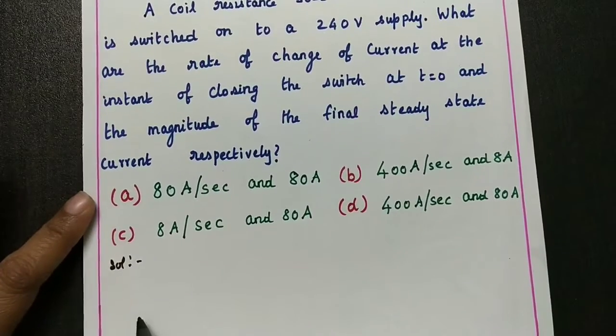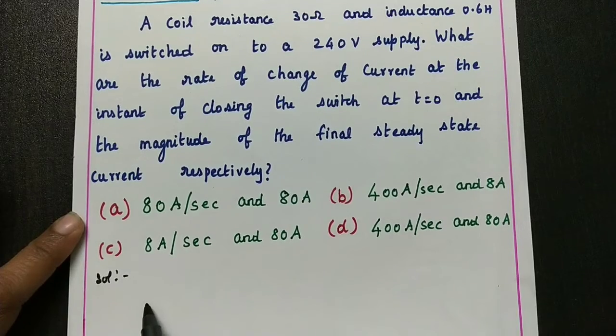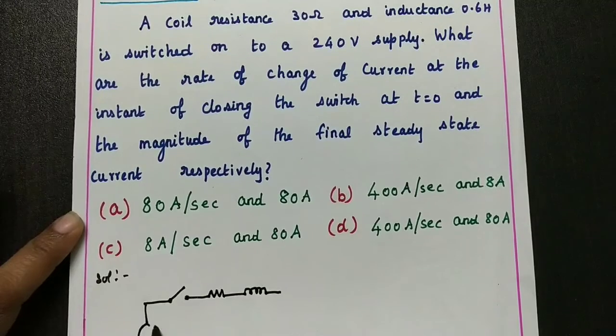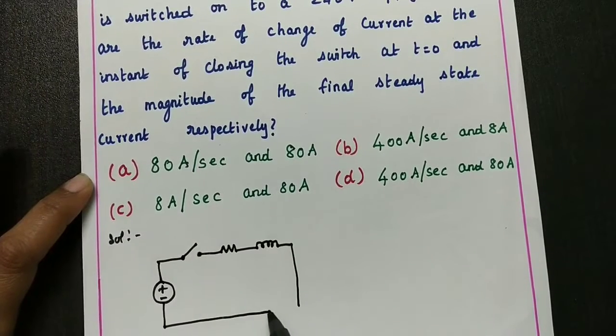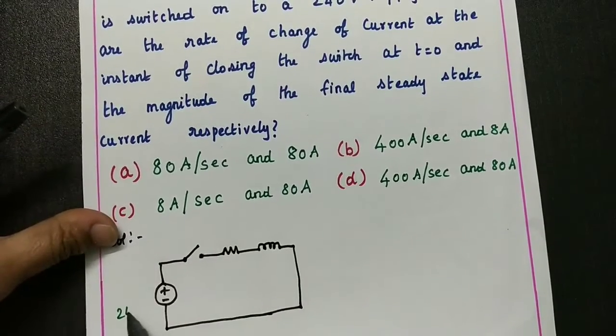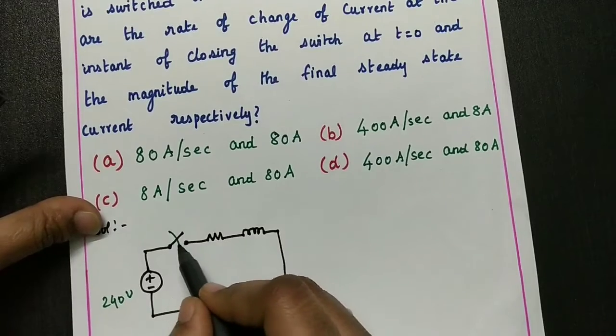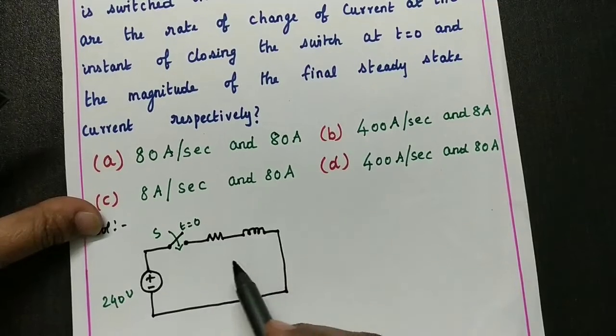So let me draw the circuit for that. What are the given values? Resistance and inductance. So this is an RL transient circuit. The given supply voltage is 240 volt, and this is switch S. At t equal to 0, the switch will be closed.